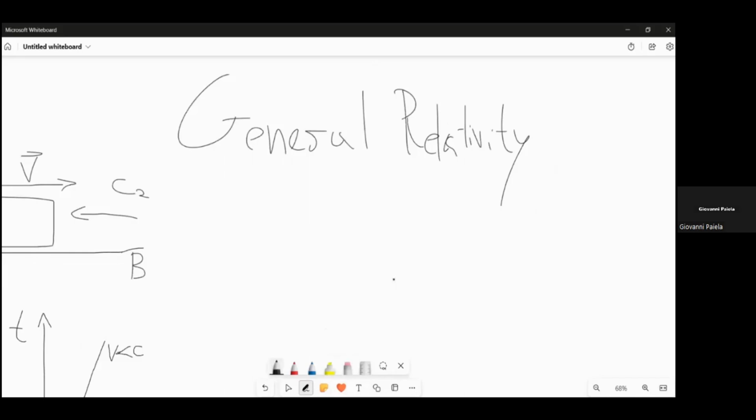I think in the fabric of space, if a body has mass, the space fabric and the space-time itself will be curved because of the mass of the body.